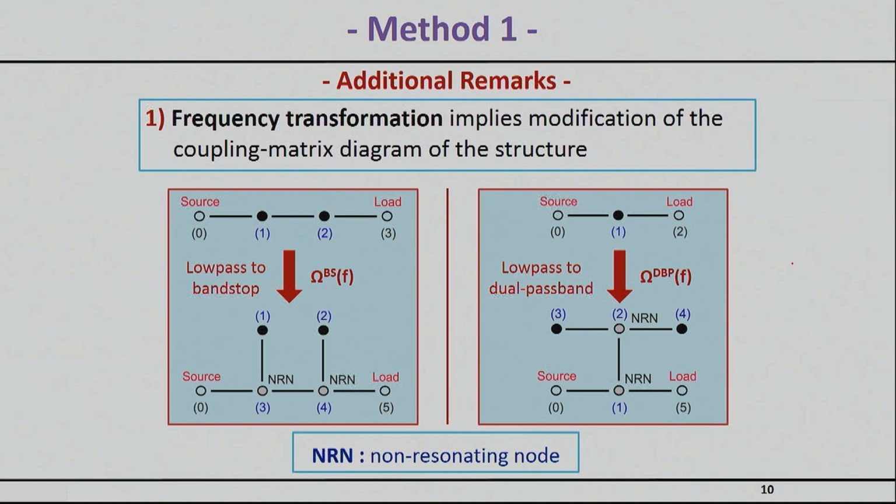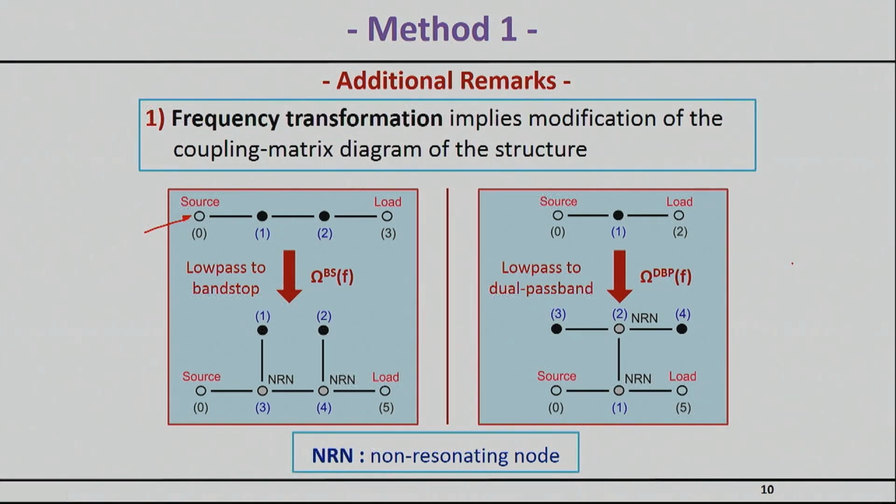Now, let me give you a few remarks that I think you should be aware of as you basically work through these transformations. So the first remark I'd like to make is that in this methodology, when we start synthesizing our low-pass response in the omega equal to 1 domain, we will always have some type of a coupling network in mind or a filter topology in mind, which will look like the one you see there with the red arrow.